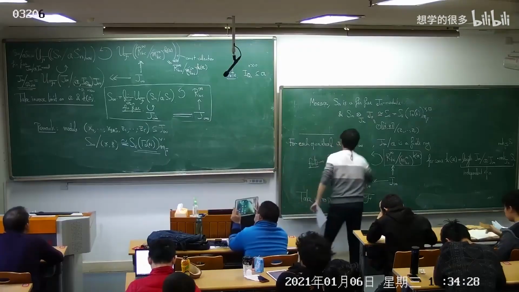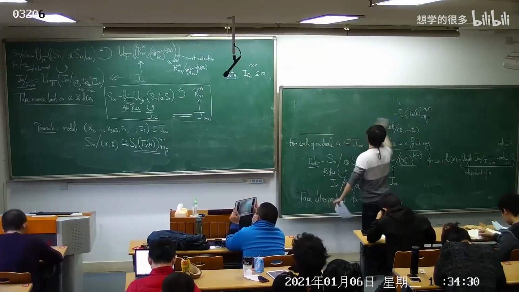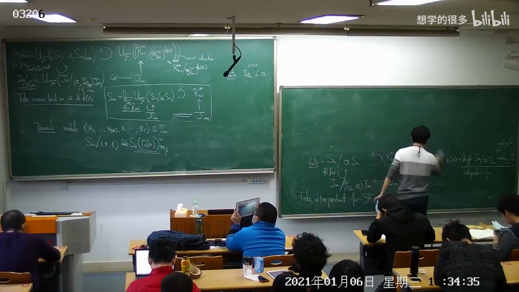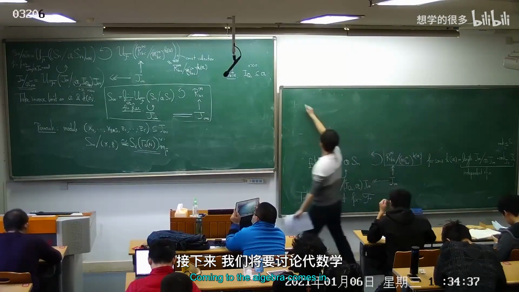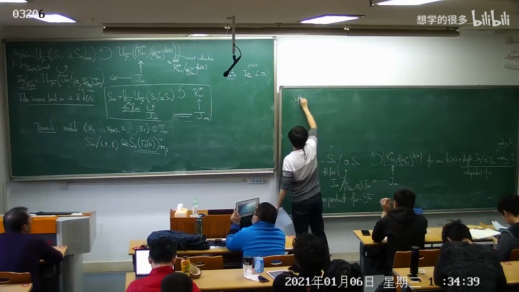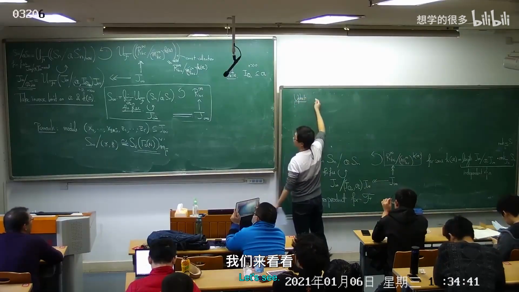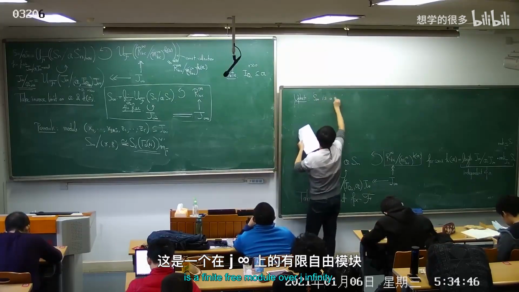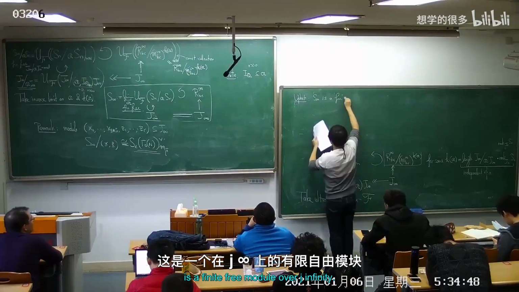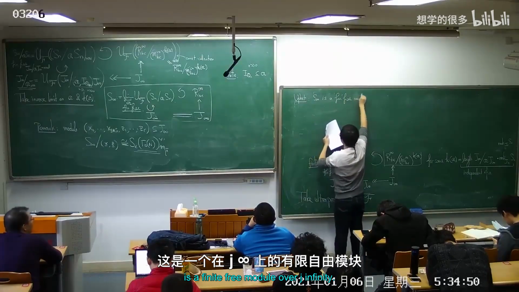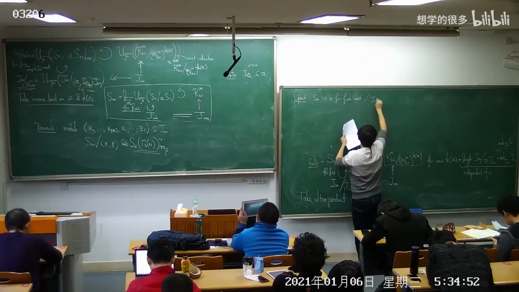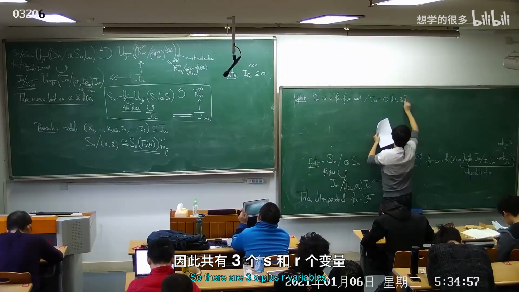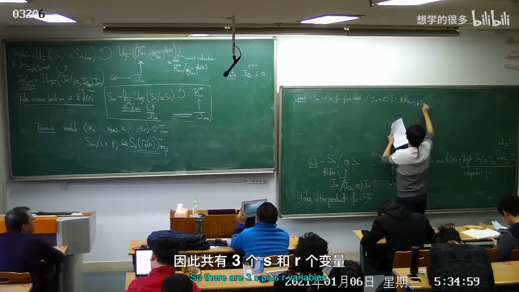Here's the upshot. Commutative algebra comes in. So S infinity is a finite free module over J infinity. So there are 3S plus R variables.